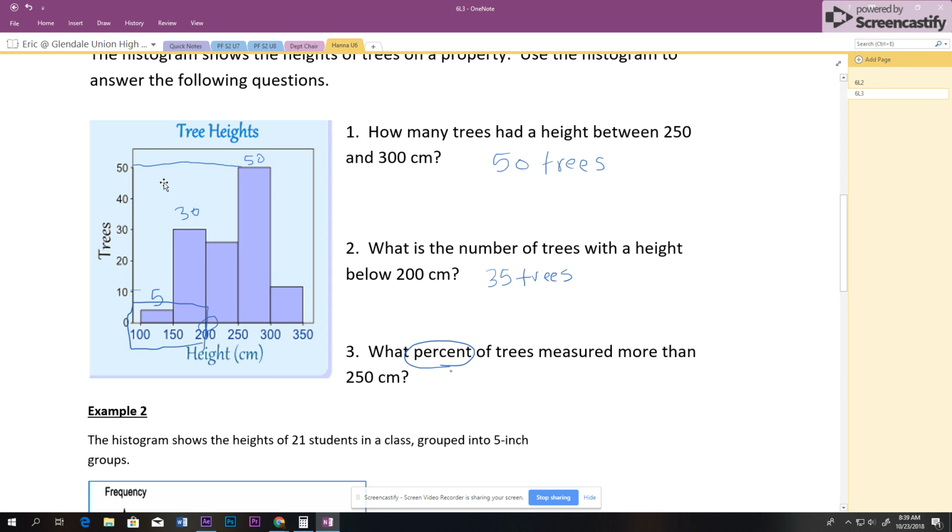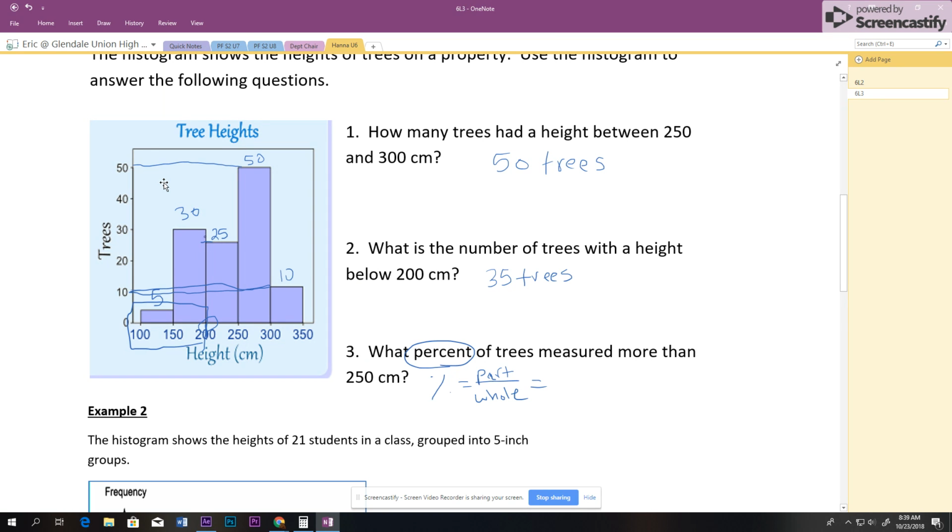Well, the percent means the part that we're looking at over the whole piece. The part we want is more than 250, but we need to know what the whole is first. So we have 5, we have 30. Let's find this one. It's in between 20 and 30, so we'll go 25. And this one we'll say is 10. Then we'll add all of that up.